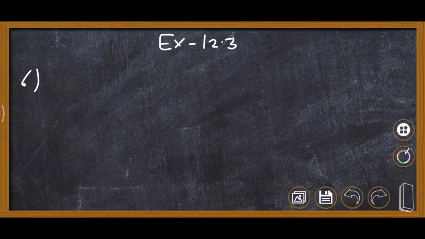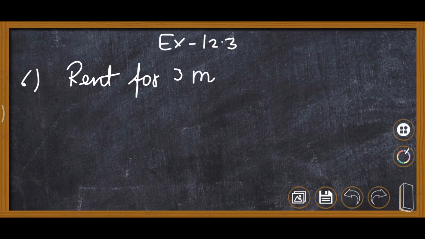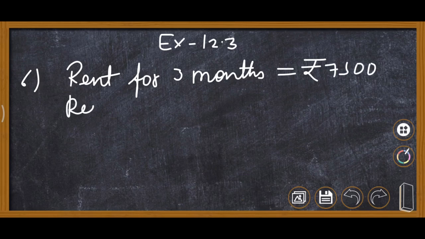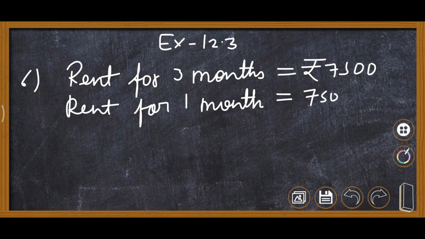Saina pays 7,500 rent for 3 months. So here we will write rent for 3 months. This is rupees 7,500. Now we will write rent for 1 month. Now here we will divide this 7,500 by 3.